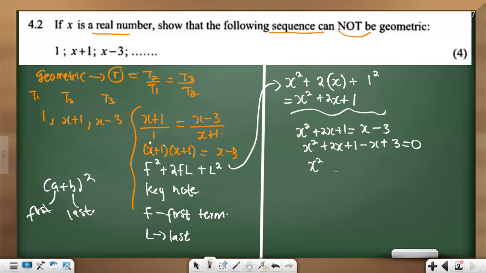That will be plus x. 1 plus 3 will be 4. We cannot find factors here. I don't see a solution.